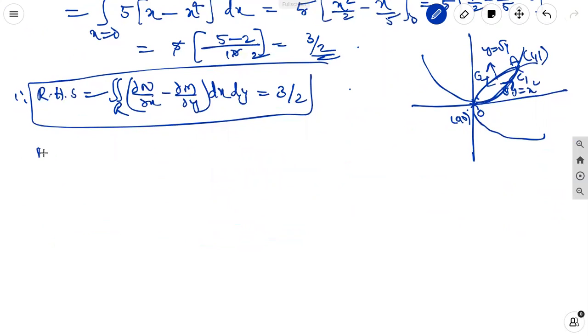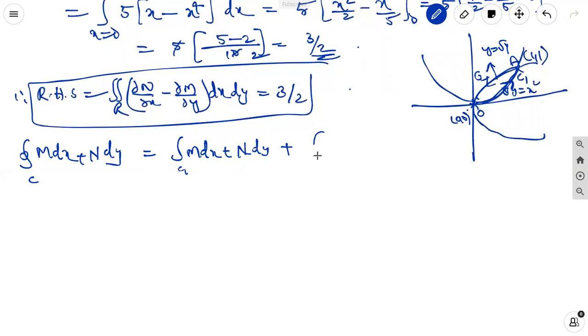Here, the integral over C of M dx plus N dy is equal to the integral over C1 of M dx plus N dy plus the integral over C2 of M dx plus N dy. In C1, y equal to x square, that is the C1 curve.